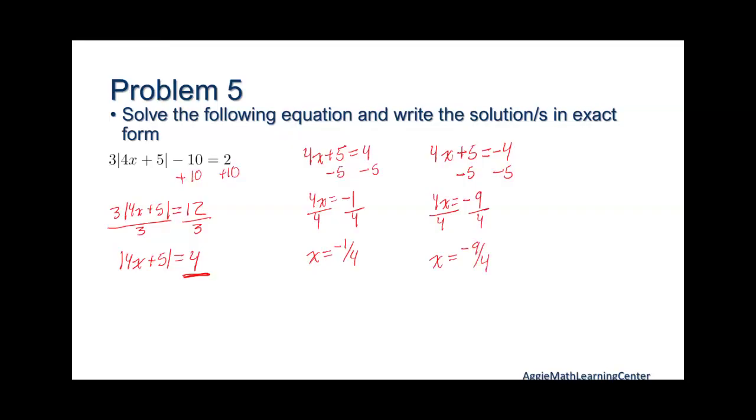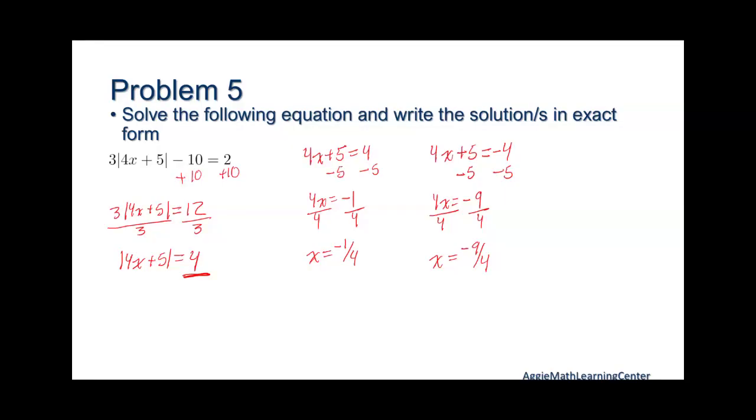And with the absolute value ones especially, we are going to have to go through and check our answers. Do we know how to check our answers? No? That's all right. All you do when you're checking your answers is whatever you got x to equal, you're going to plug it back into the equation.